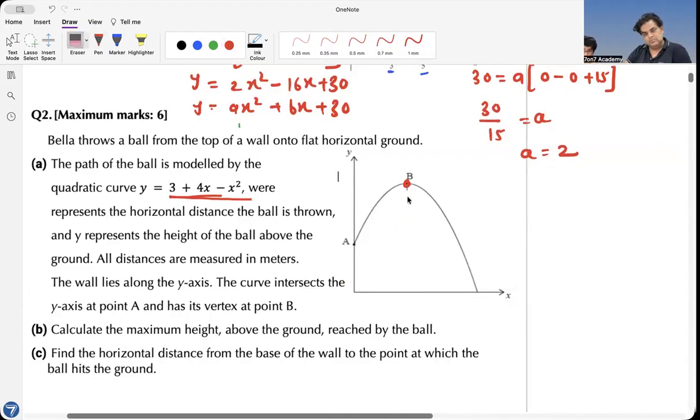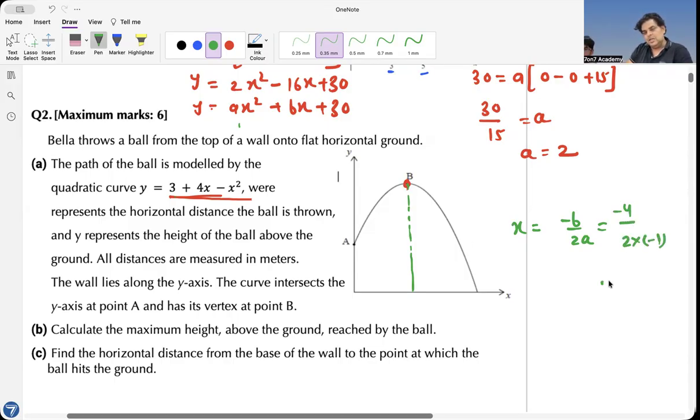The x of the vertex is 2, so the maximum height is 7 meters. The x value you can get from the equation. The x value of the vertex is minus b over 2a, so minus 4 over 2a is minus 1, not 3.